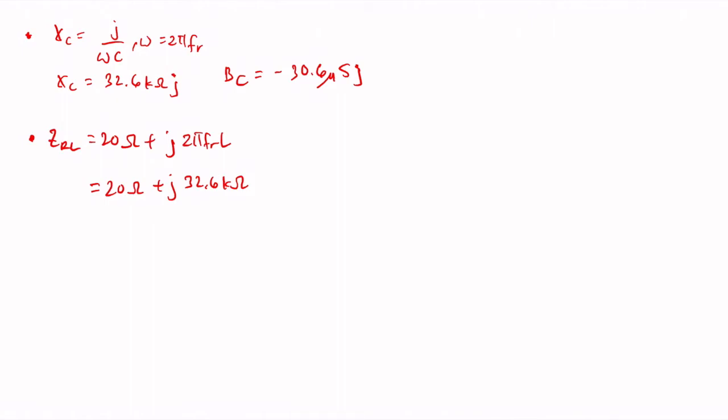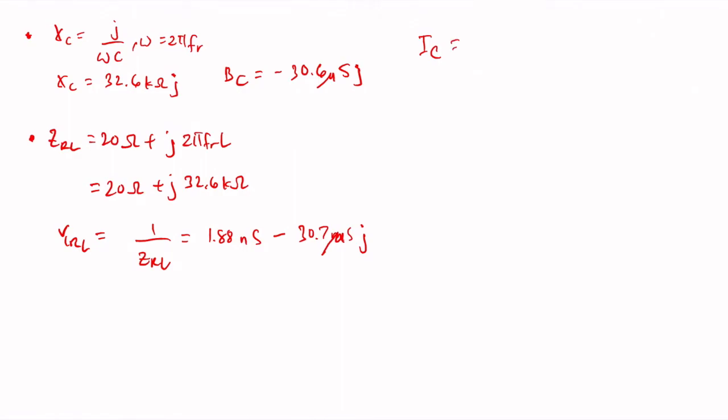Once we know that, we can solve for YRL, which is just the reciprocal of ZRL, and doing the mathematics gives us 1.88 nanosiemens for the real axis and 30.7 microsiemens for the imaginary axis.